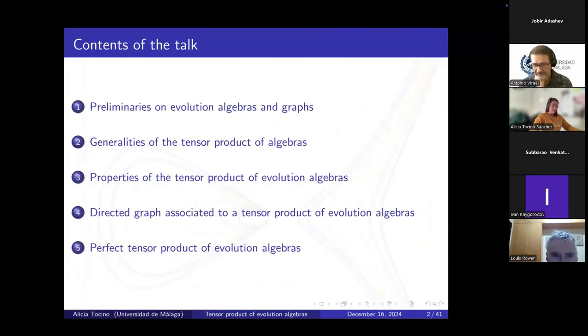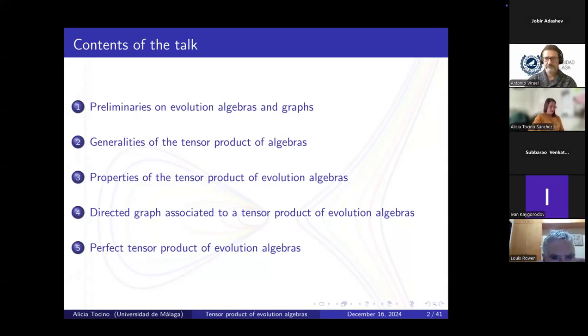Okay, so the contents of the talk are the following. First, we will talk about some preliminaries on evolution algebras and graphs. Then we will speak about the tensor product of algebras and of evolution algebras. Then we will give some properties of the tensor product of evolution algebras, and we will focus on dimension 4 and dimension 2.